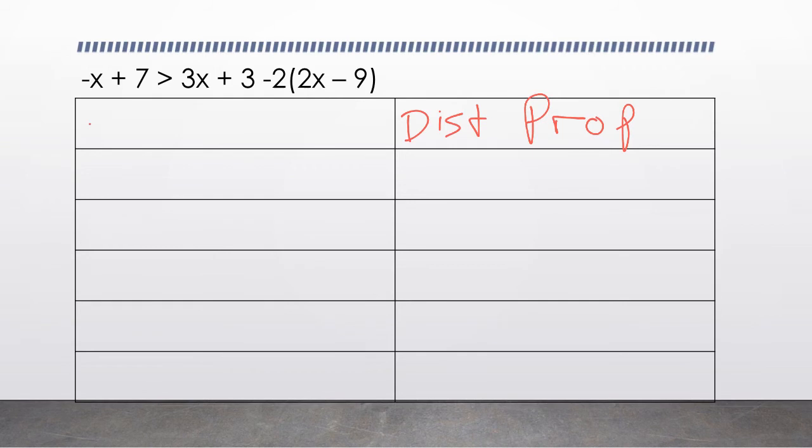So I have negative x plus 7 is greater than 3x plus 3 minus 4x plus 18, because remember, negative 2 goes to both of these. Negative times negative gives me a positive.